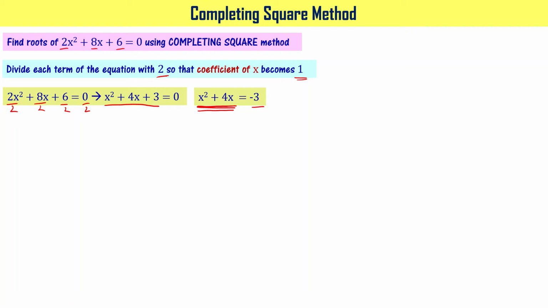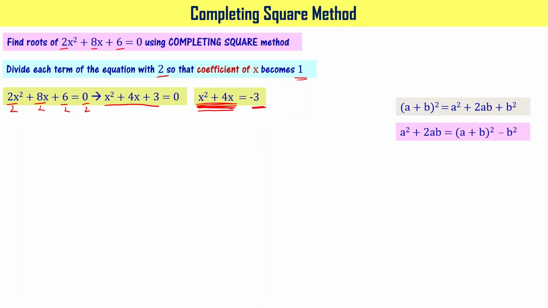That's why the method is called completing square. So now you have the equation x² + 4x = -3. I want to add something to this side and this side such that the LHS of this particular equation becomes a complete square. Let's first learn about that.